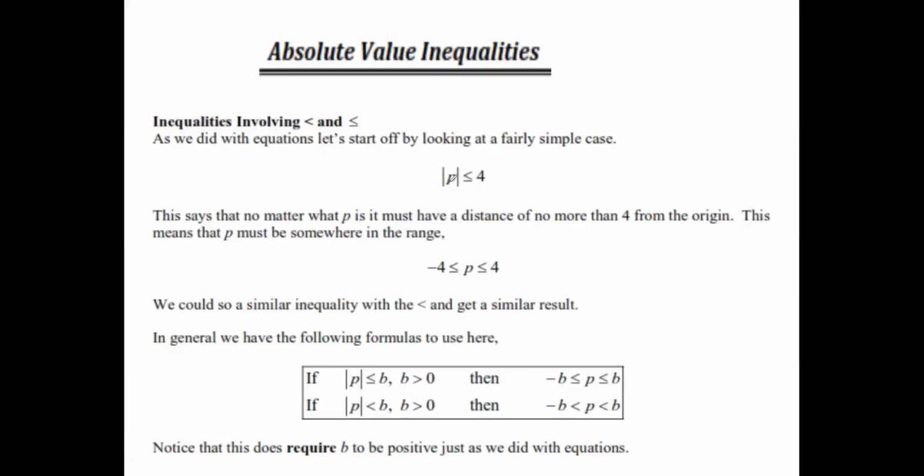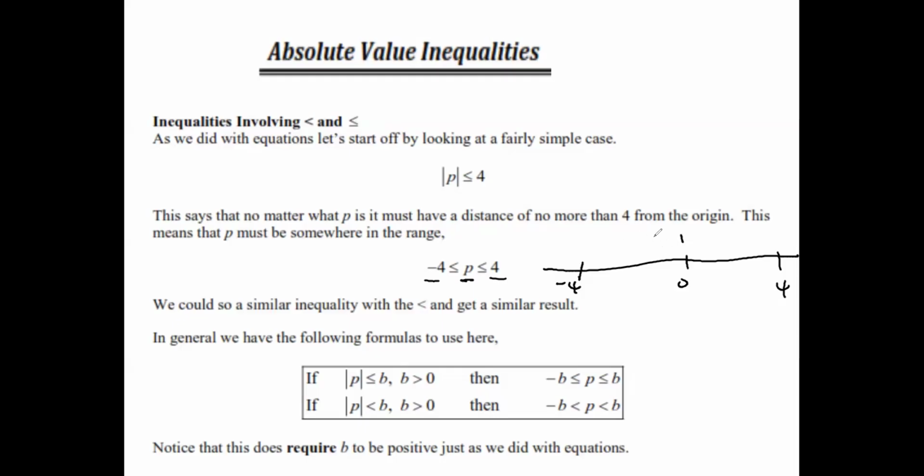So if the absolute value of some number is less than or equal to 4, then the number must lie between minus 4 and 4. Think about that. So we've got a number line here, right? Minus 4 is here, let's go with 0 there, and 4 here. The modulus is basically the length of the line segment from 0 to that number.